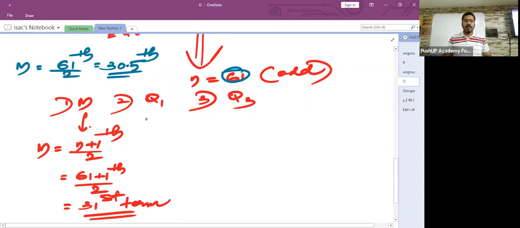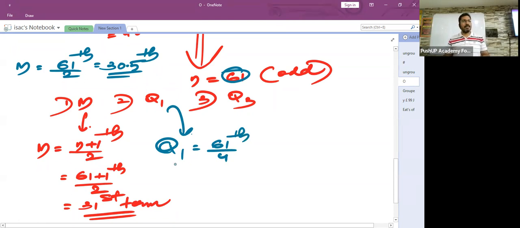Now comes the problem, children. If I ask you to find the lower quartile, the number of terms is what? 61, isn't it? Definitely you're not going to do 61 by 4th term.